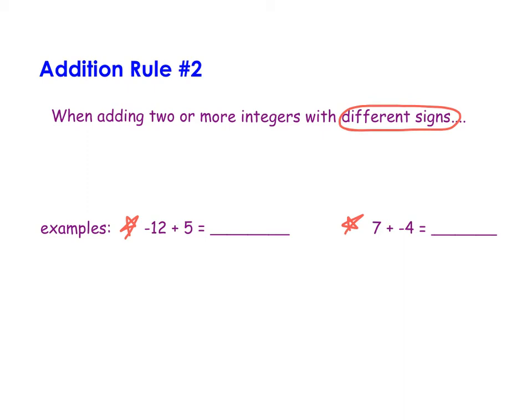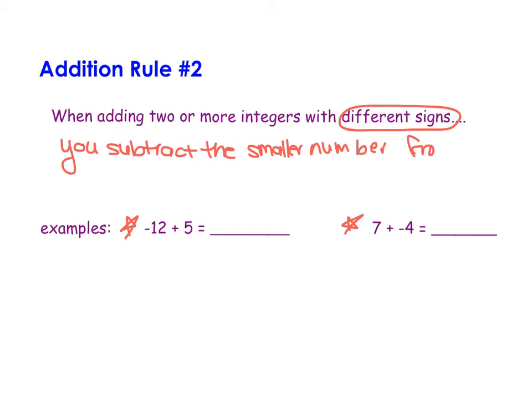So when you're adding two or more numbers with different signs, you basically look at the two numbers and you subtract the smaller number from the bigger number. And then what you're going to do once you've subtracted, so for example here we have 12 and 5, so we would take 12 minus 5, and that's 7.